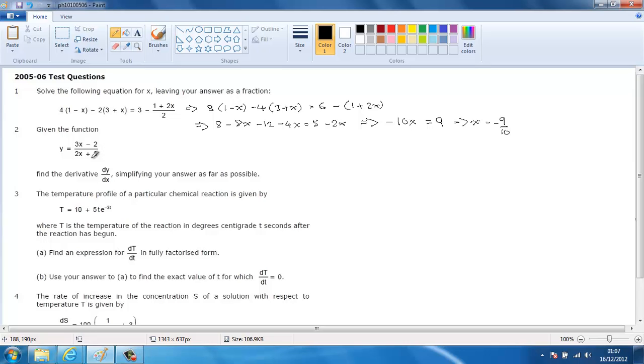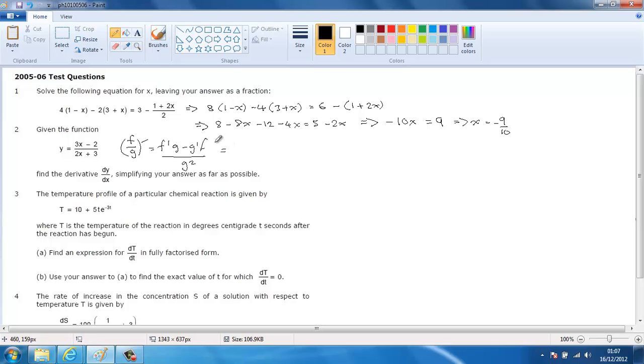Question 2. We have to use the quotient rule, which says that if we've got a function f divided by a function g, the derivative, which we can denote with a dash, is given by f dash g minus g dash f over g squared.